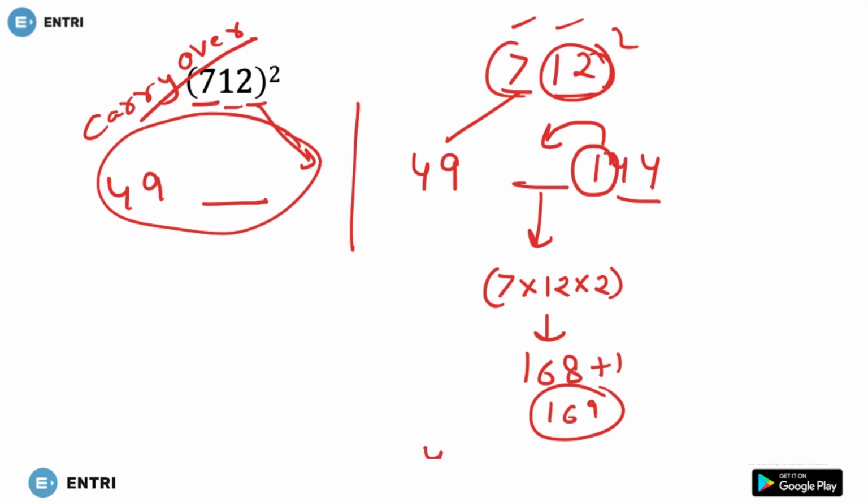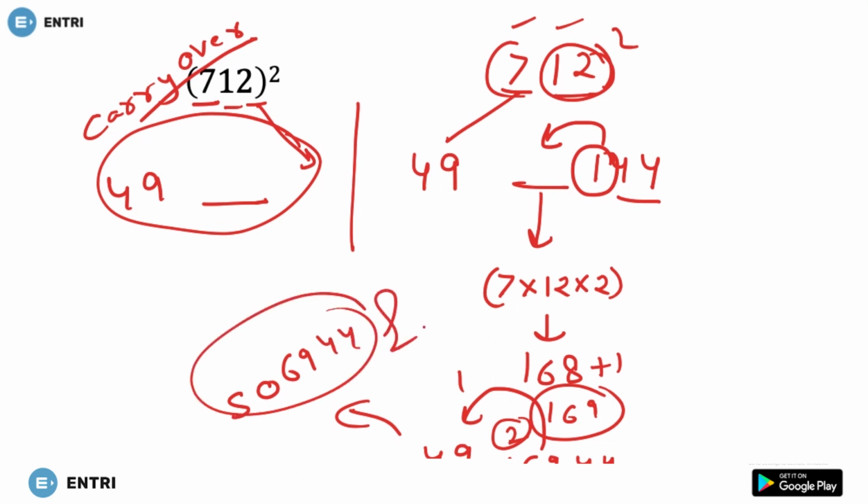That means our value should be 49, 169 and 44. But we know that we are going to take only 2 digits. That means again one carryover is going to come here. That means our answer would be 506944. It's very simple. The only thing is that please remember about the carryover part. If you are clear about the carryover part, you can easily solve this question.